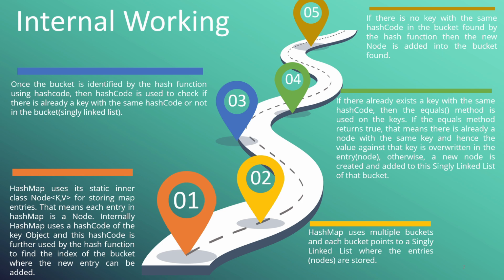If you're trying to put some key, it will calculate the hash code and do a mod by capacity. If you haven't provided any capacity to the constructor of the hash map, it will initially have 16 as the capacity. Suppose my hash code is something numeric, like 142. Once it gets the hash code from the hashCode method, it will do a mod by capacity.